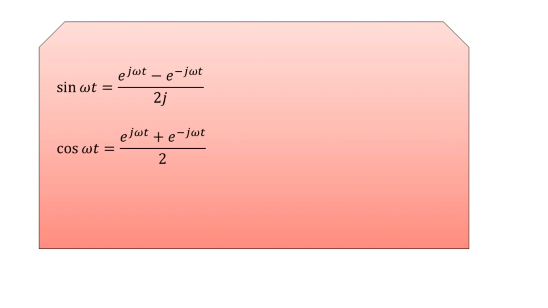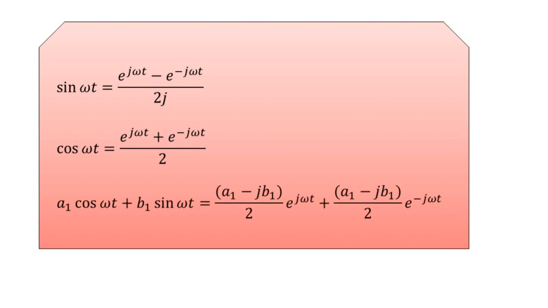So by using these two formulations for sin omega t and cosine omega t, when we have the series representation as a1 cosine omega t added to b1 sin omega t, we can represent it on the right hand side as a1 minus j times b1 divided by 2 multiplied by e to the power j omega t, added to a1 plus j b1 divided by 2 into e to the power minus j omega t.